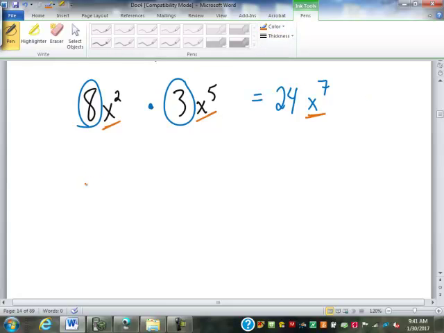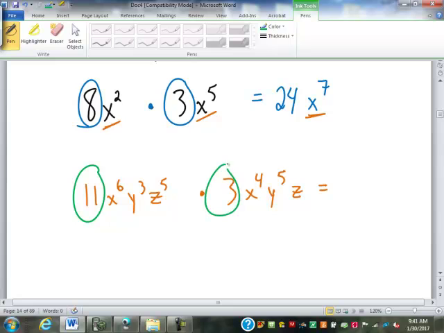So let's try 11x to the 6th, y to the 3rd, z to the 5th, times 3x to the 4th, y to the 5th, z. Where are we going to start? 11 times 3, very good, which is 33.